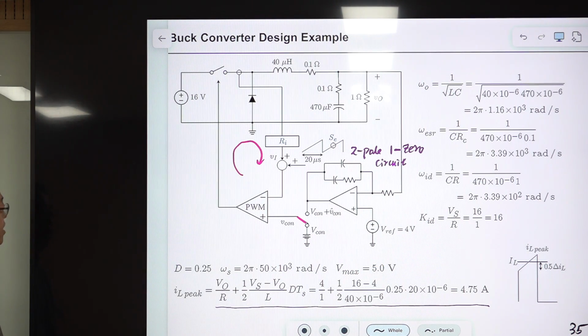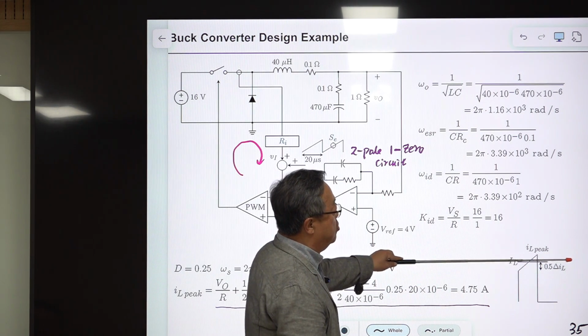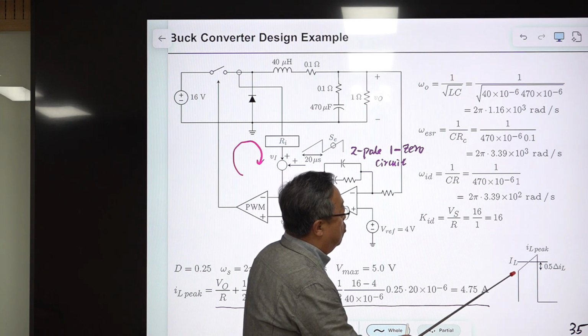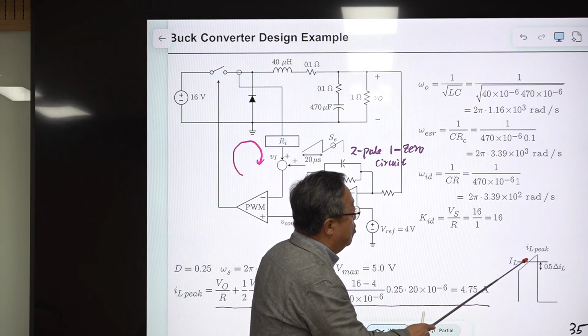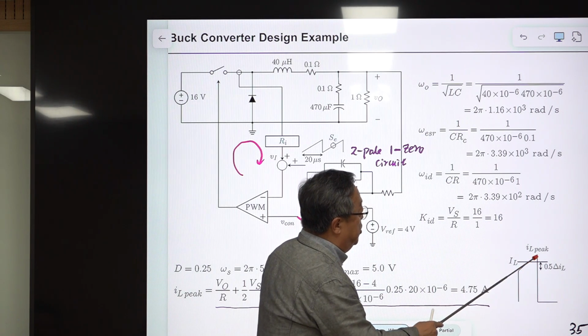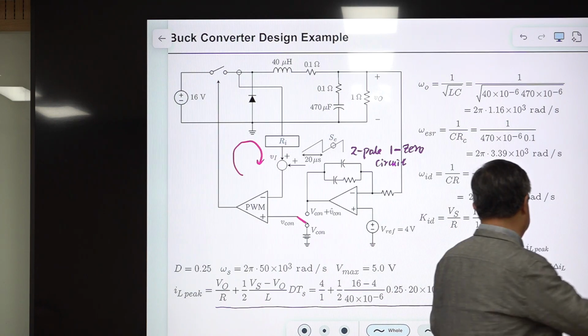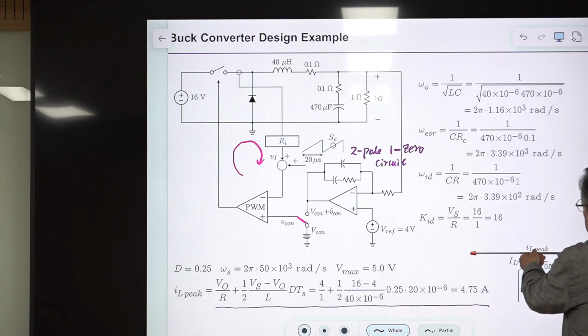This is necessary to determine the current sense gain Ri, so the peak value of the inductor current. This is the minimum value of the inductor current, and the on-time slope times the on-time period is the increase during the on-time period, and this is the peak value of the inductor current. So you can determine this, right?